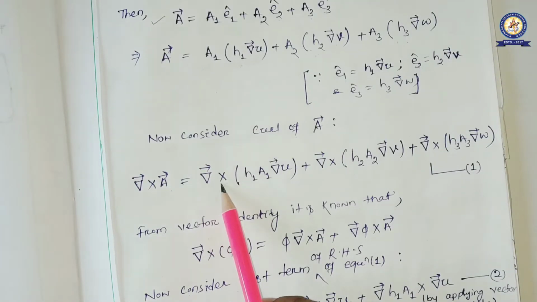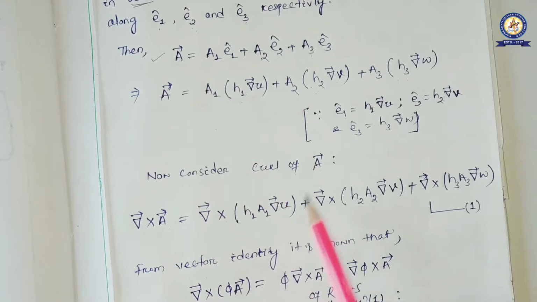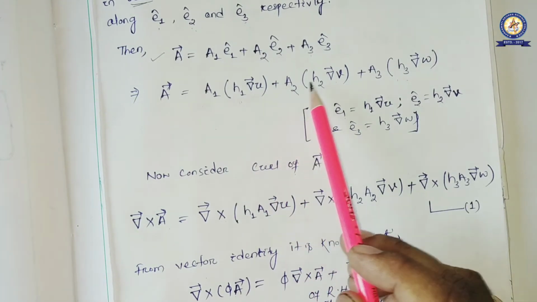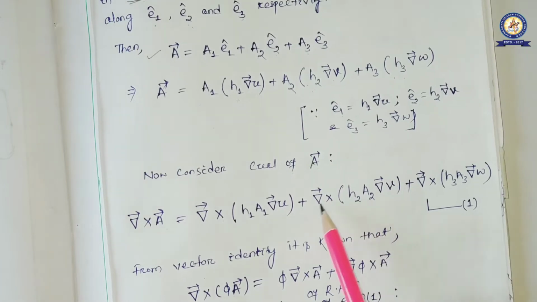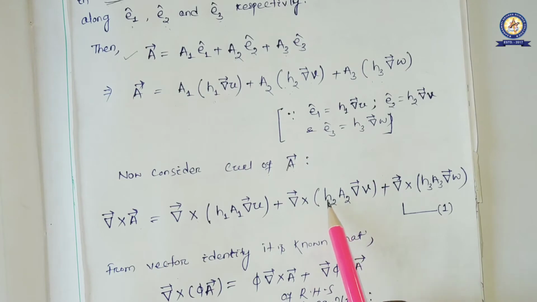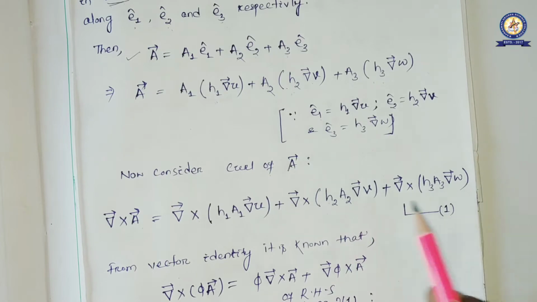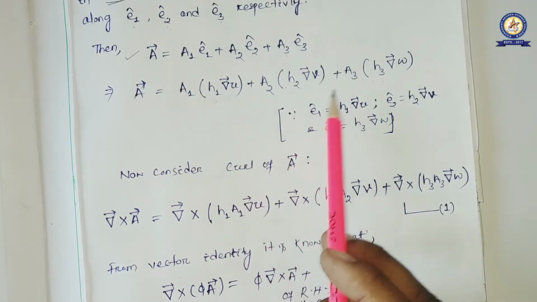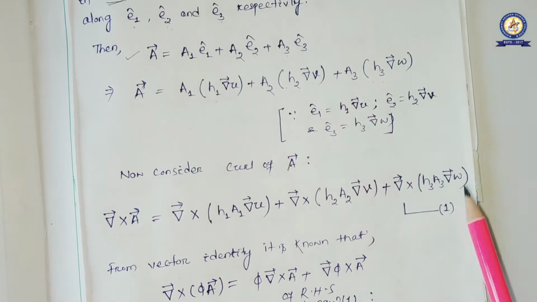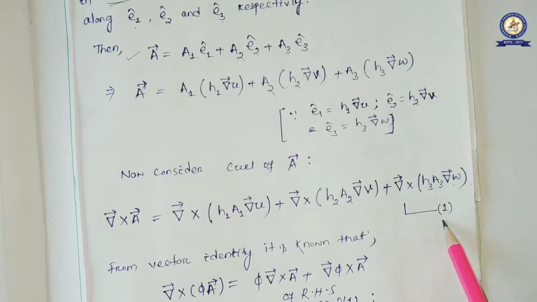So del cross A1 h1 del u plus del cross A2 h2 del v, I have just written it alternately, no problem. Both are scalars, so I can write A2 into h2 or h2 into A2. Plus del cross h3 A3 del w. Let this be your equation number 1.